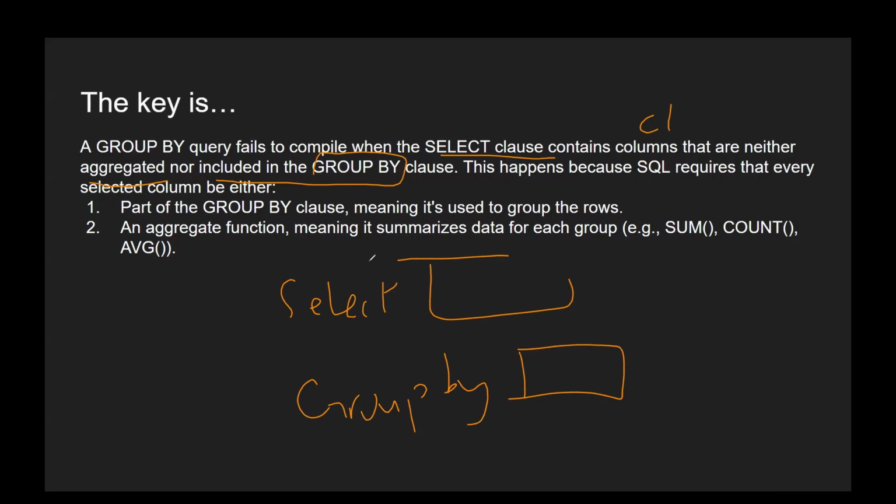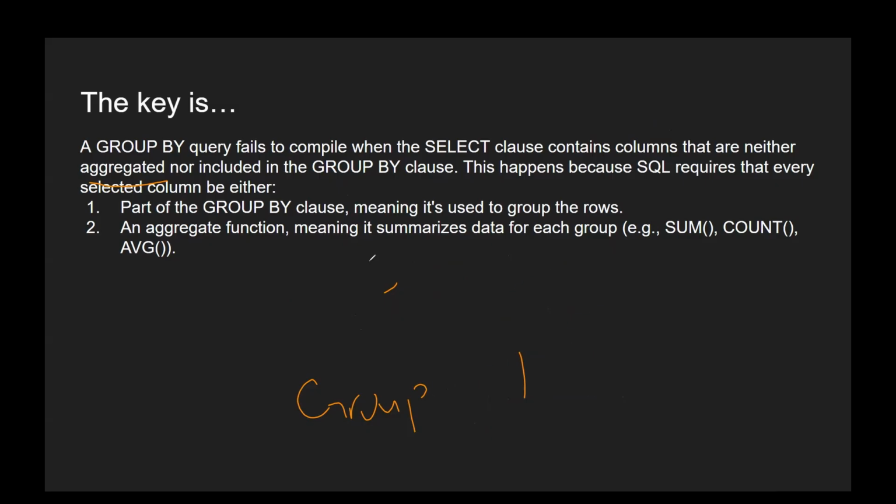So just try to remember this. My suggestion is that you try running this in your Postgres and look at the error, so that the next time a similar issue happens, you understand that you forgot to add the column in the group by. This is quite useful, especially in your midterm exam.